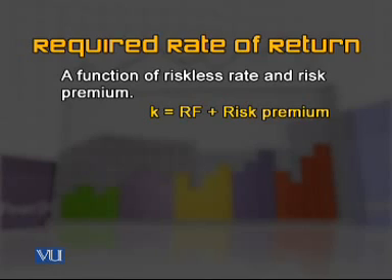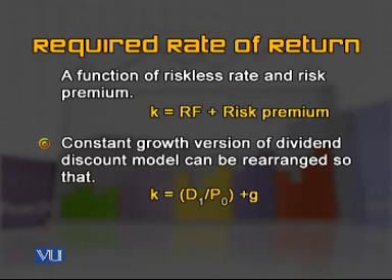So the required rate of return is the riskless rate and risk premium, which would mean that there has to be a constant growth version of the dividend discount model. When we're talking about Gordon's dividend discount model, we talked about constant growth in the earning potential and the dividend paying capacity.